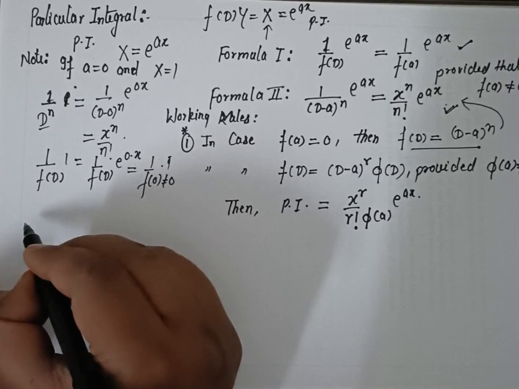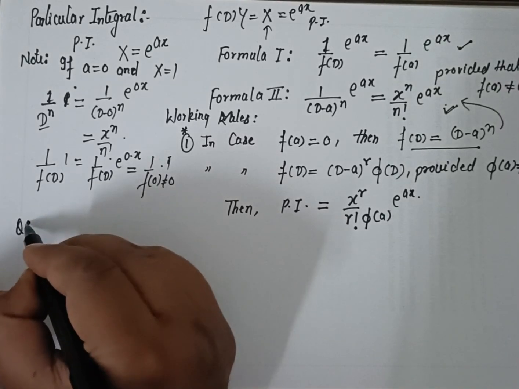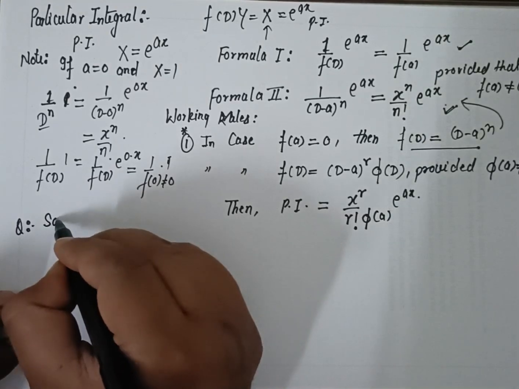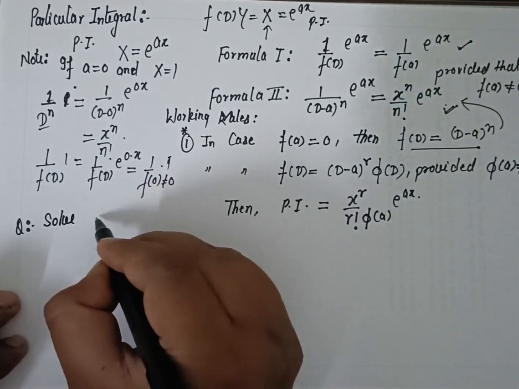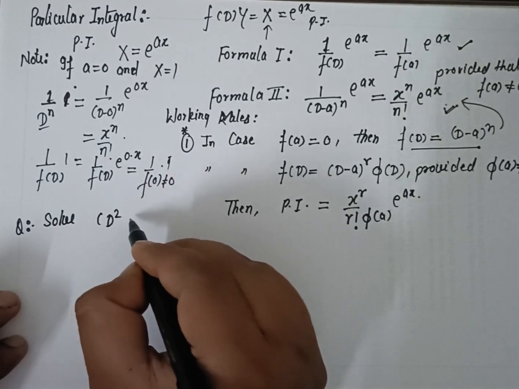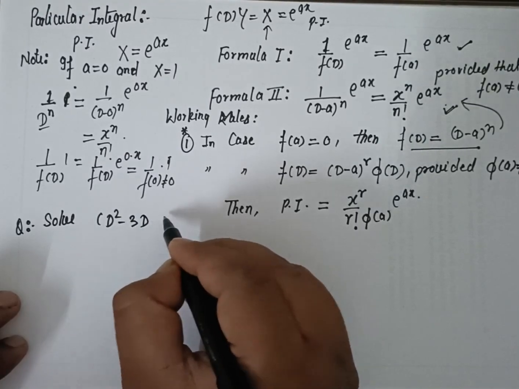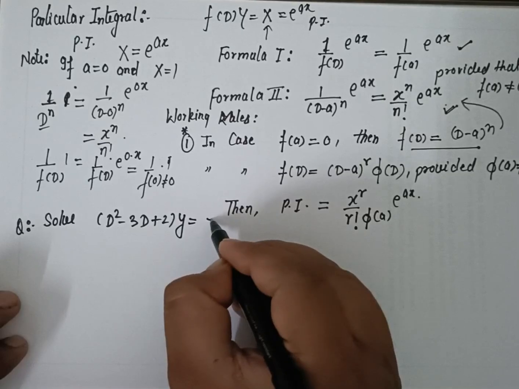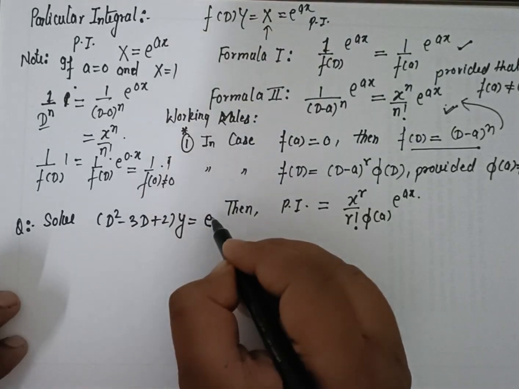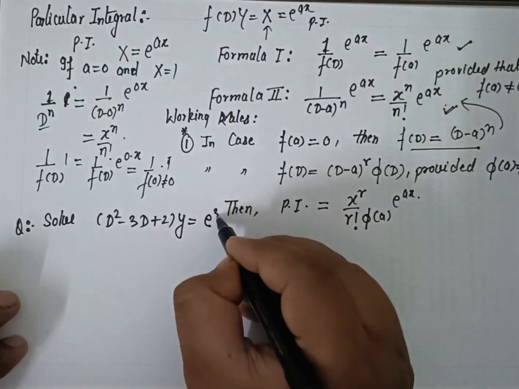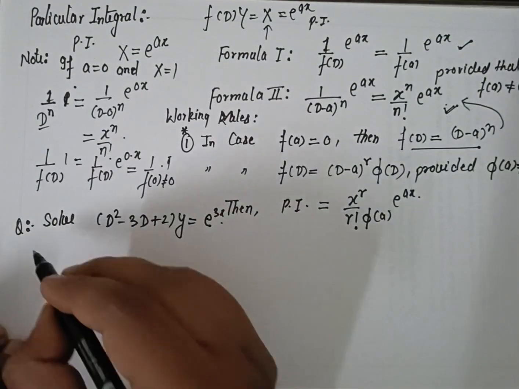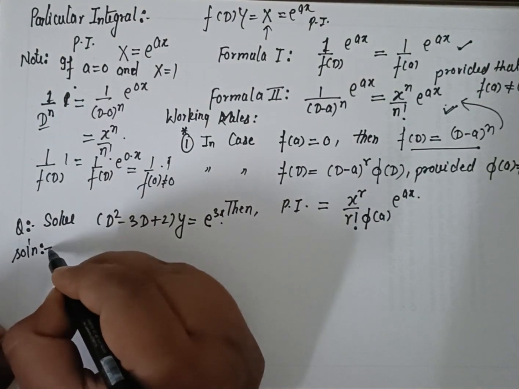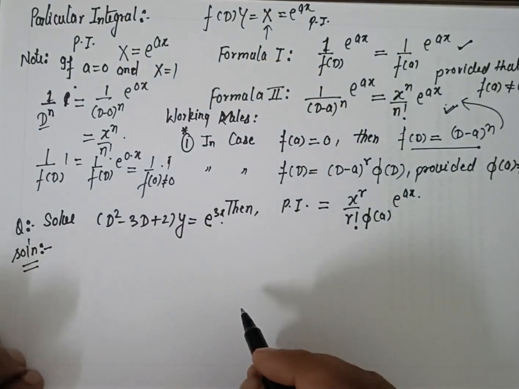Now we apply this theory on some questions. Question number 1 we are going to deal with here: solve the differential equation (D square minus 3D plus 2)y is equal to e to the power 3x. The solution is quite simple. Here we need to find the complementary function and particular integral.